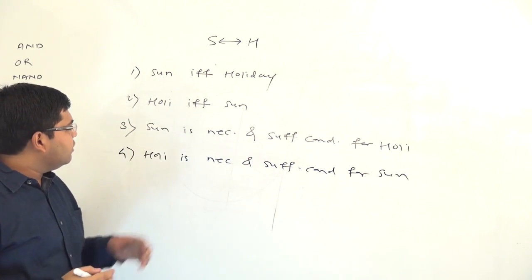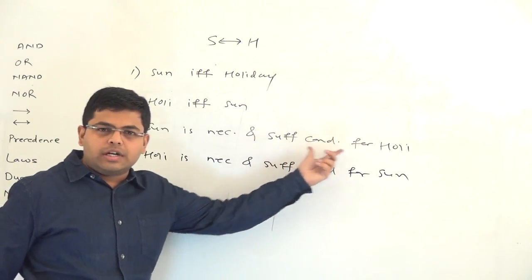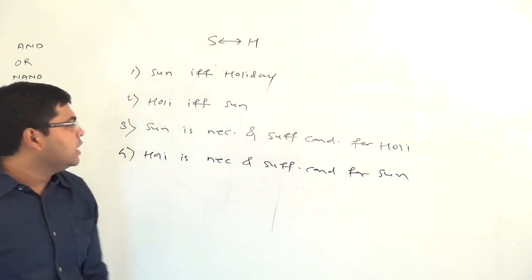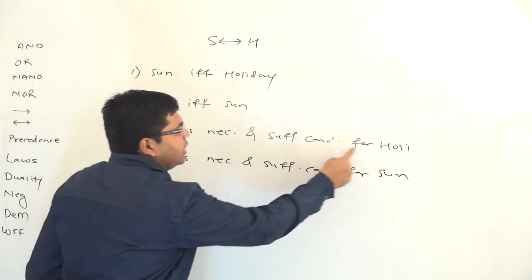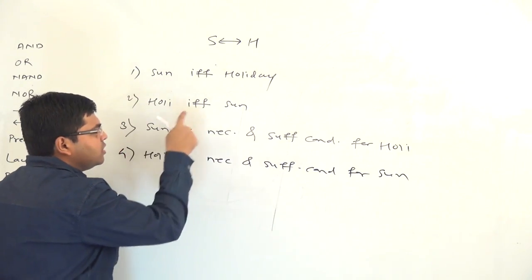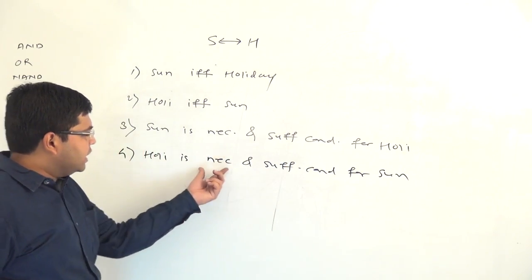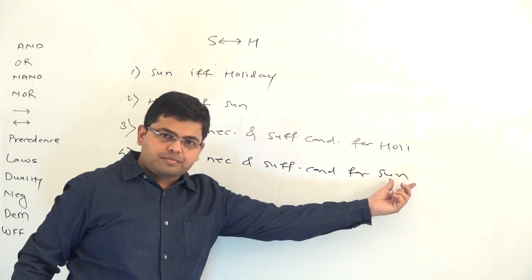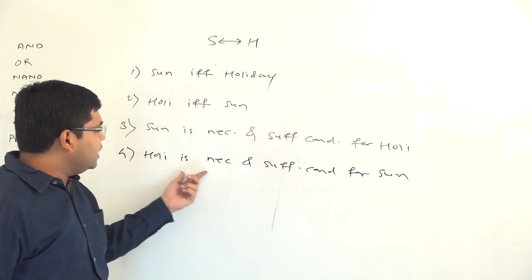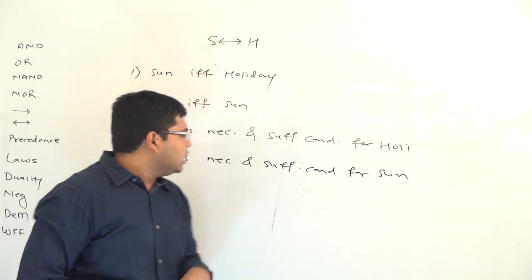When I say Sunday is a necessary and sufficient condition for holiday, I am making two sentences. Sunday is a necessary condition for holiday and Sunday is a sufficient condition for holiday. Holiday is a necessary condition for Sunday and holiday is a sufficient condition for Sunday.